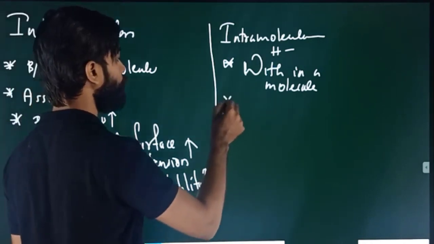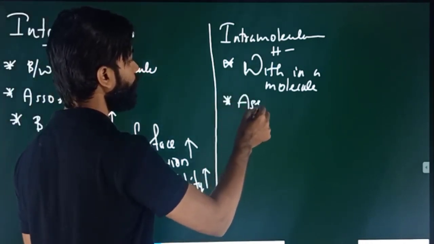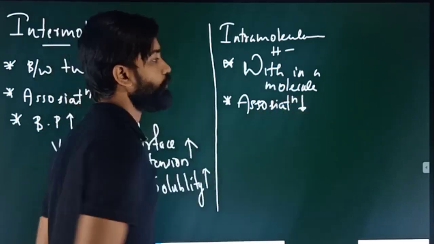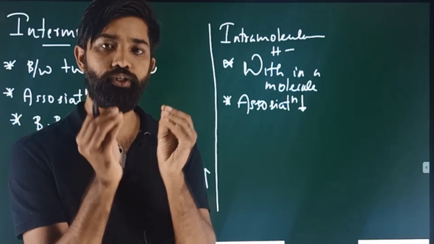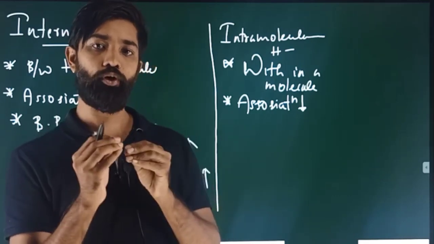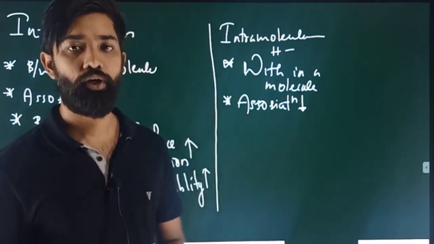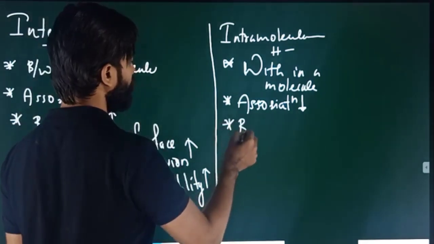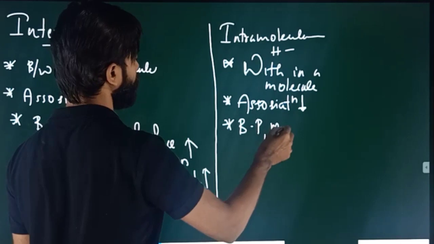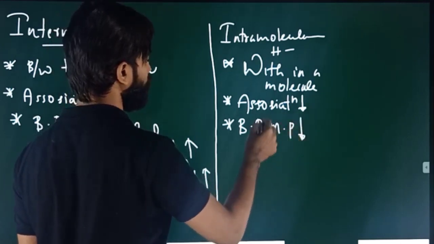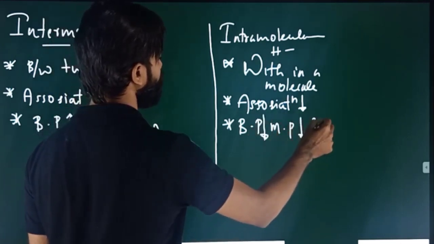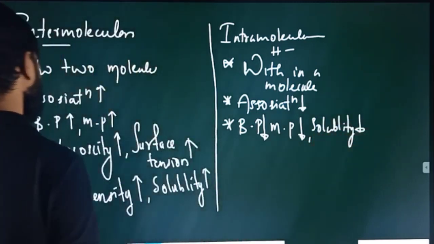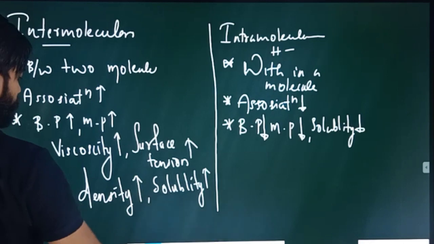Due to intramolecular hydrogen bonding, molecular association decreases, because the hydrogen bonding is present within a molecule, and between a molecule and its neighbor there is no hydrogen bonding, so association decreases relatively. That's why boiling point, melting point usually decrease, solubility, etc. These terms decrease.